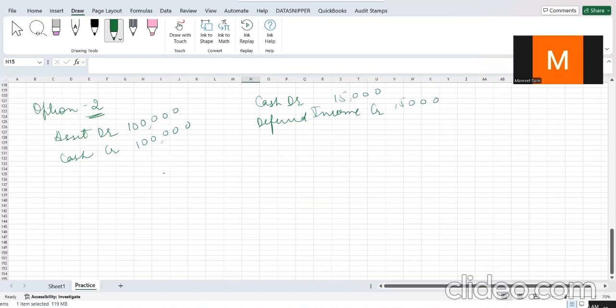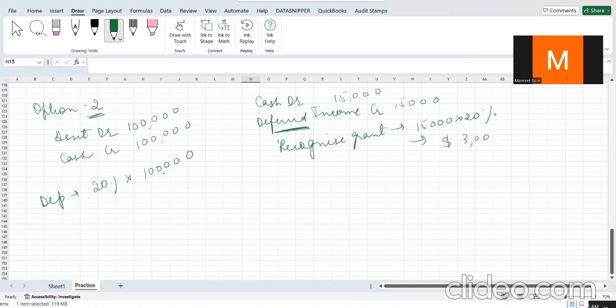Now at year end, I would record depreciation on 20% of 100,000. Similarly, I would recognize the grant income, 20% of 15,000, right? So here I will get 3,000. Here I will get 20,000, right?